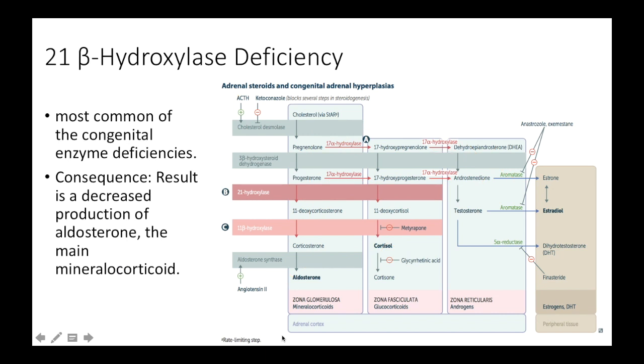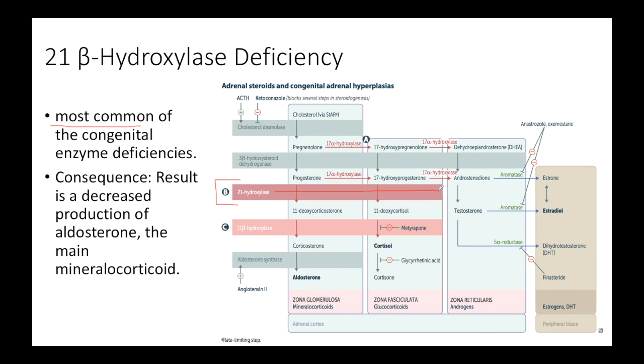Okay, so now we're going to move on to 21 beta hydroxylase deficiency, and that is this guy right here. And this one is a horizontal cut. So 21 beta hydroxylase is the most common of the three deficiencies we're going to talk about here. And it is blocking this whole level.